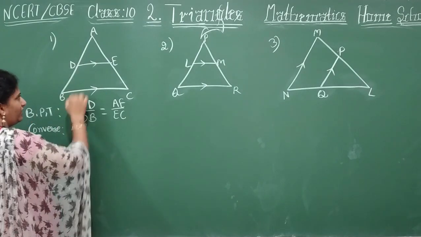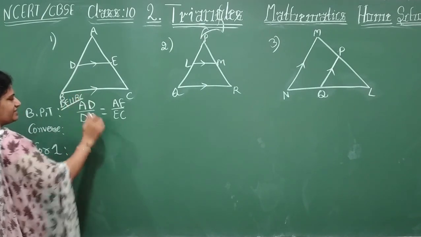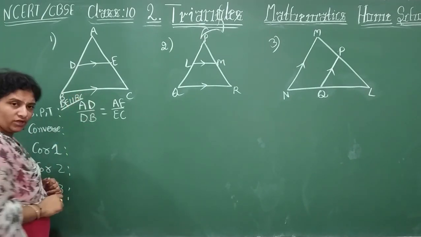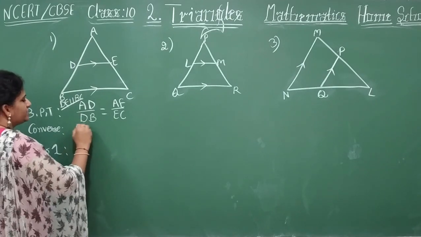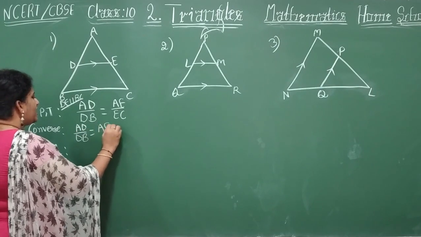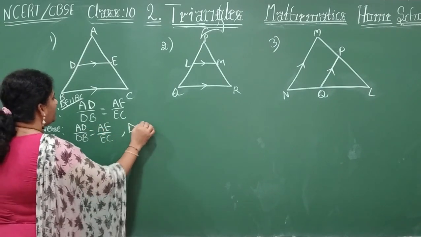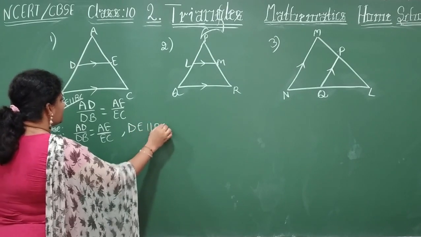They have given DE parallel to BC. Then you can say this is the ratio. Then what about your converse? Converse: AD by DB is equal to AE by EC given. You proved that DE is parallel to BC.